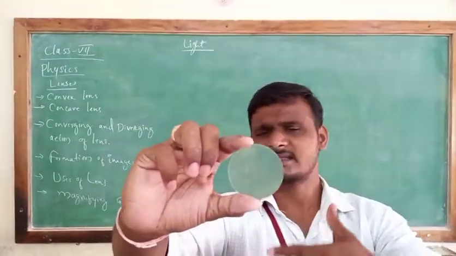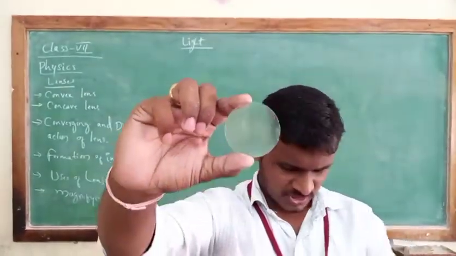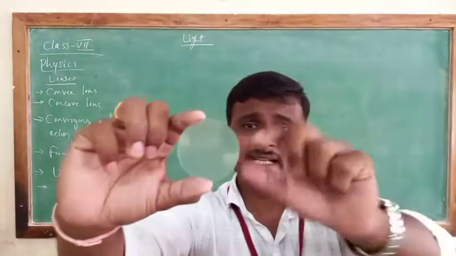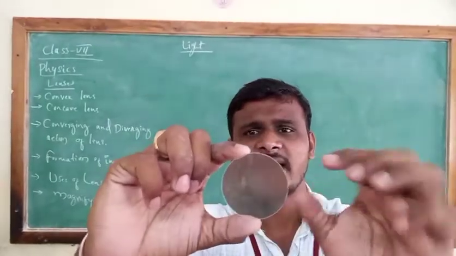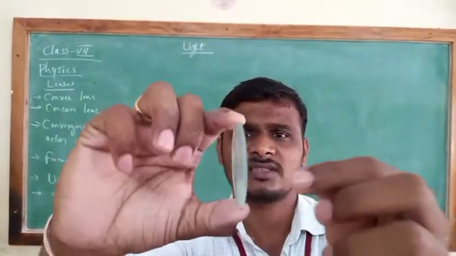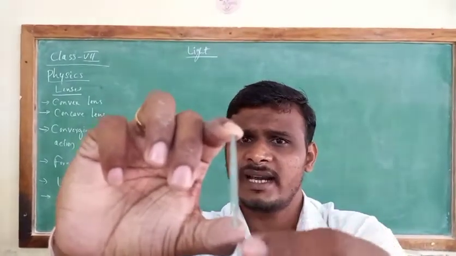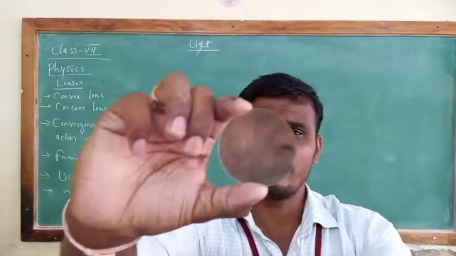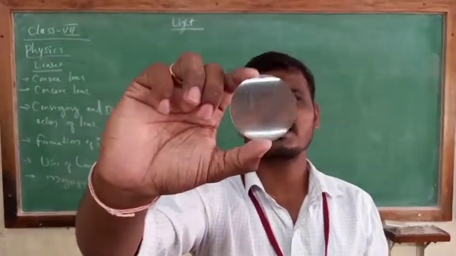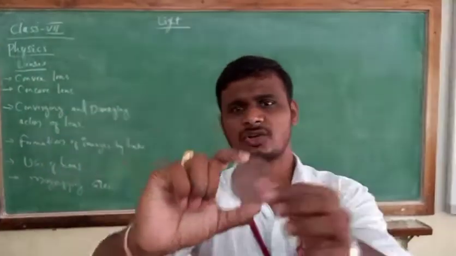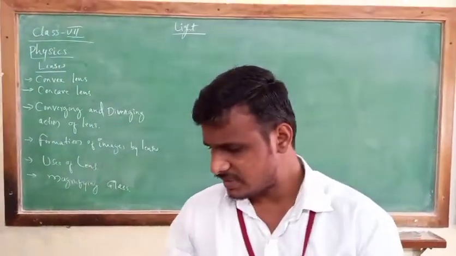When you touch this, you will feel it. In a convex lens, it is thicker at the middle and thinner at the edges. So this is the convex lens. The convex lens is also called a converging lens. Why it is a converging lens, we will discuss later.